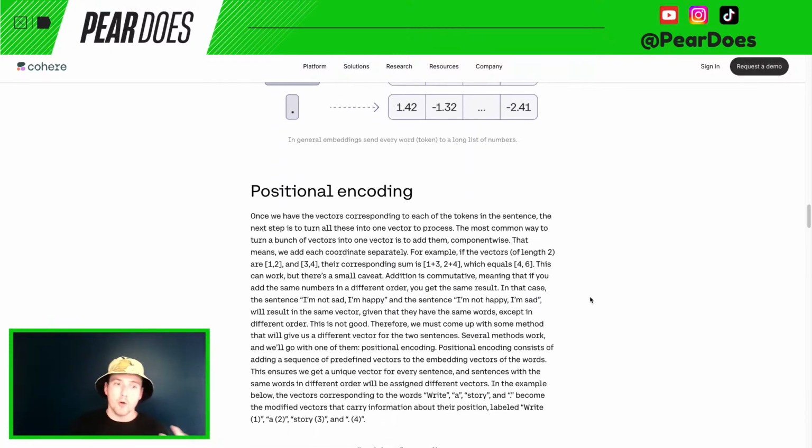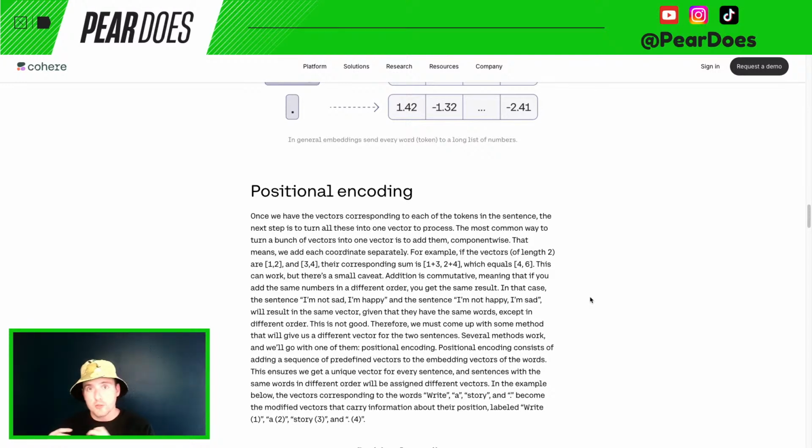After embedding, we move forward to positional encoding. Once we have the vectors corresponding to each of the tokens in the sentence, the next step is to turn all of these into one vector to process. The most common way to turn a bunch of vectors into one vector is to add them component-wise. So each column, each aspect of that vector, we're going to add them up. That means we add each coordinate separately.